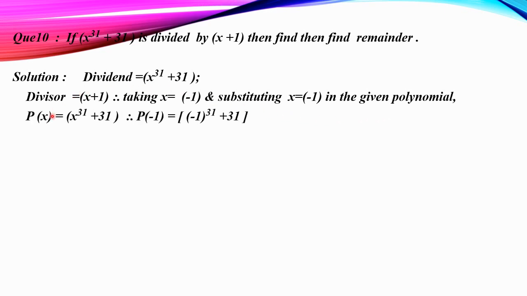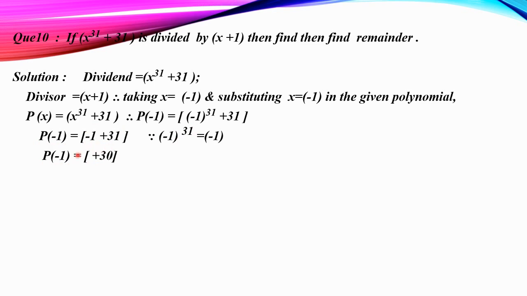We get P(x) is equal to x raised to power 31 plus 31, and therefore P(minus 1) is equal to minus 1 raised to power 31 plus 31. Since minus 1 raised to power 31 is minus 1, as 31 is an odd number, we get P(minus 1) is equal to minus 1 plus 31.